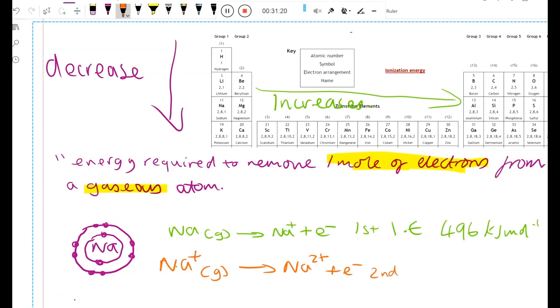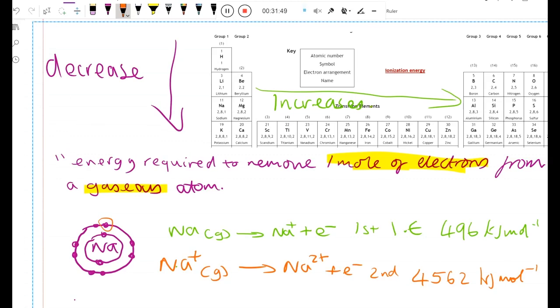Okay, now the energy associated with that jumps up to 4,562 kilojoules per mole. It's a massive jump, and the reason it's a massive jump is because you would be removing one of these electrons and upsetting the stable octet.